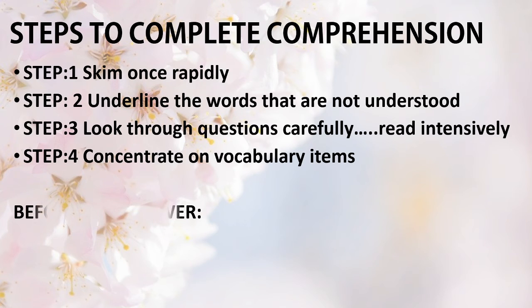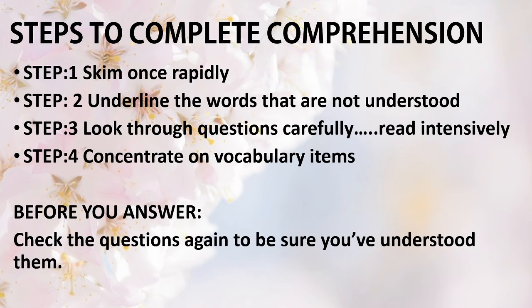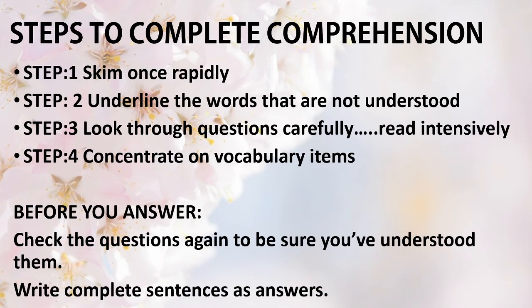So before writing the answers, check the questions again to be sure you have really understood them. And write complete sentences as answers. Your answers must be relevant and to the point. They have to be crisp. If the question is for 1 mark, give 1 point.